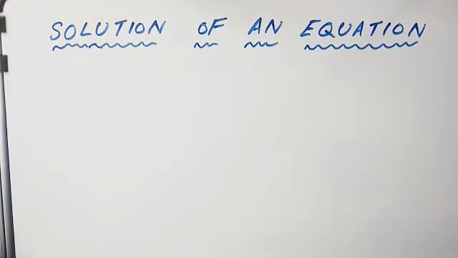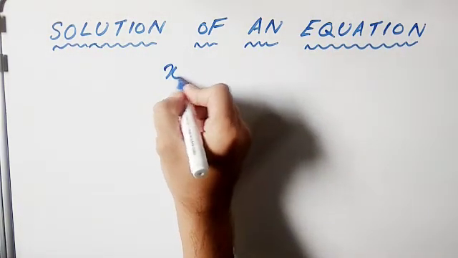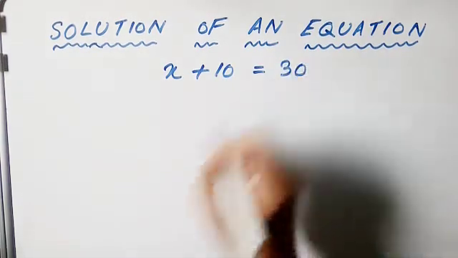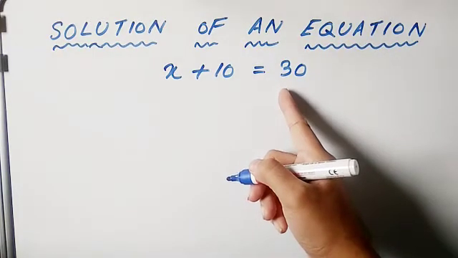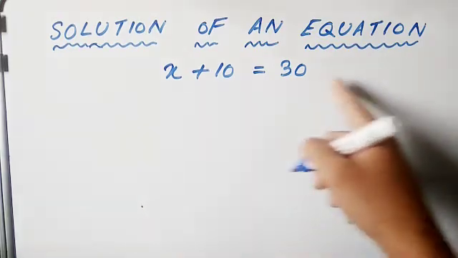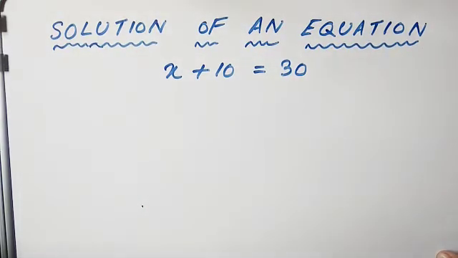So, students, let's try to find the solution of an equation, let's say the equation is x plus 10 equals 30. Understood? To find the solution of the given equation, we cannot simply keep on finding the value on the left hand side and the value on the right hand side. We have to use a special method.